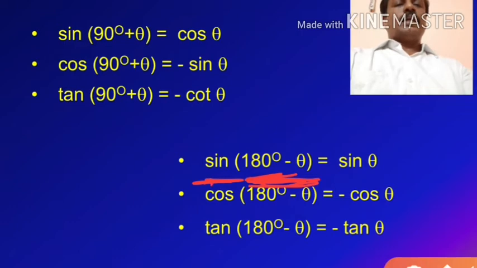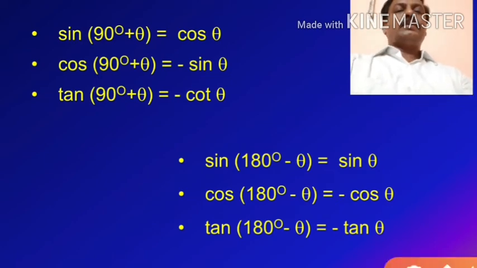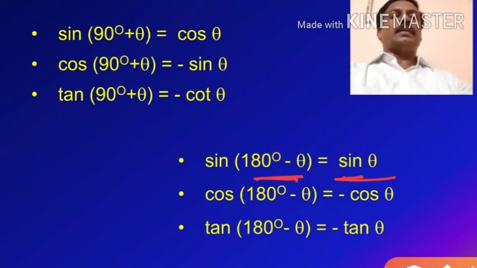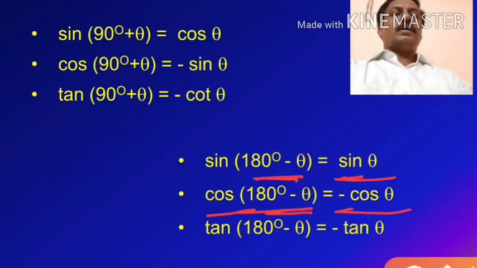Sine remains sine, only we have to apply the sign here. So 180 minus theta comes in the second quadrant, and yes, sine is positive, therefore here we will get positive, so plus sine theta. So cos 180 minus theta is minus cos theta, tan 180 minus theta is minus tan theta.